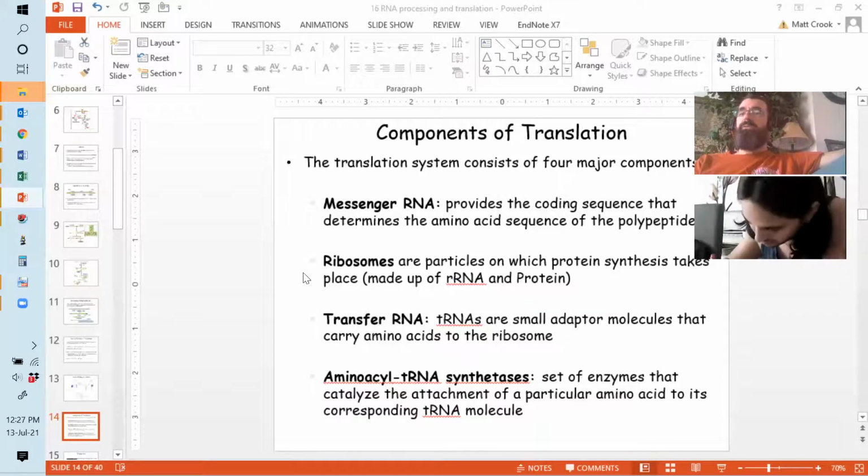Ribosomes consist of both protein and RNA, but it's actually the rRNA that does most of the work in the ribosome, not the protein. The protein is there for the structure, I guess, but it's the ribozymes, the rRNAs, that do the work.